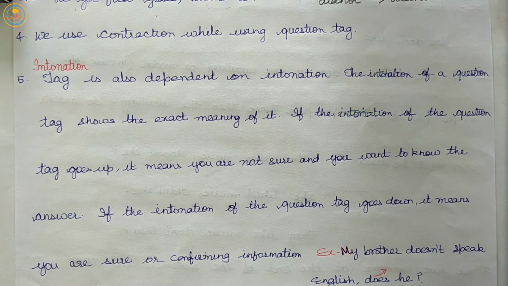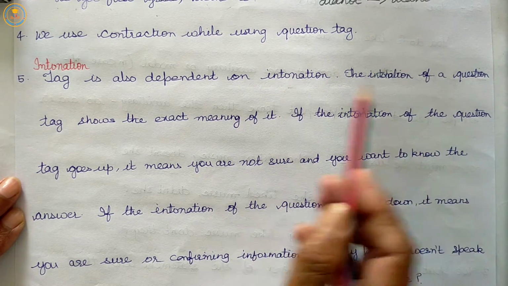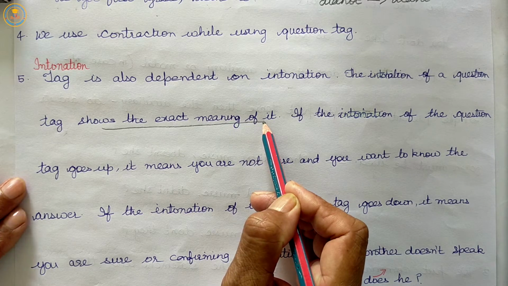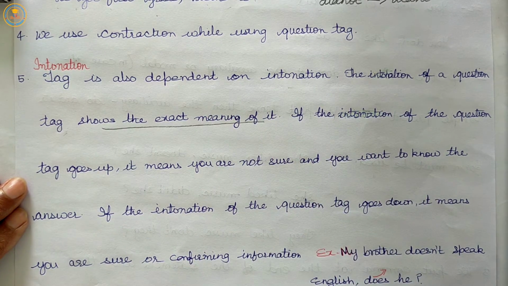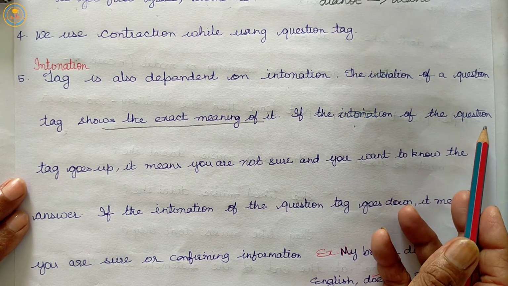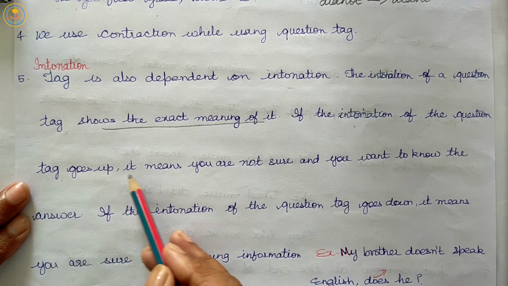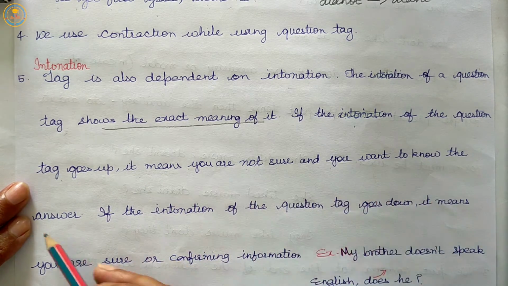Tag questions are also dependent on intonation. The intonation of a question tag shows the exact meaning of it. Listen carefully. The intonation of a question tag shows the exact meaning of it. If the intonation of the question tag goes up, it means you are not sure and you want to know the answer.